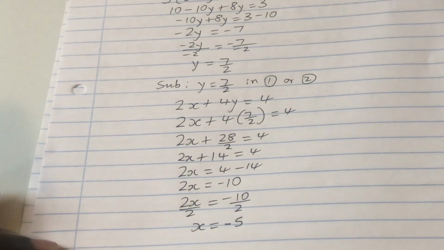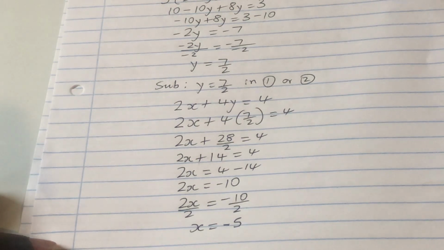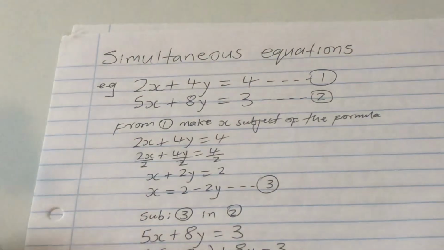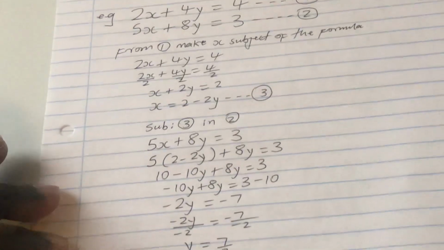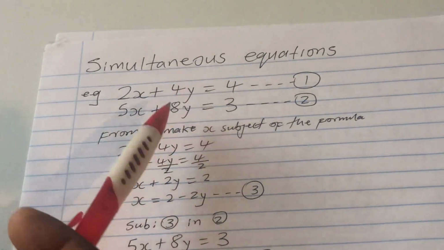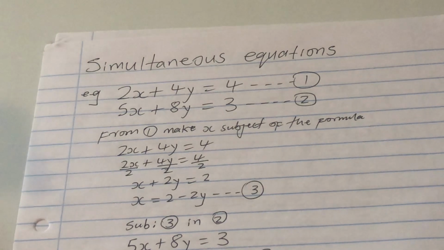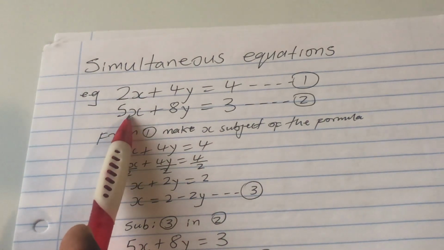What is the meaning of these two answers, the one for x and the one for y? They tell us that if I come and put, for example, the value of y in equation 1 and equation 2, I must get the same value of x in equation 1 and equation 2.